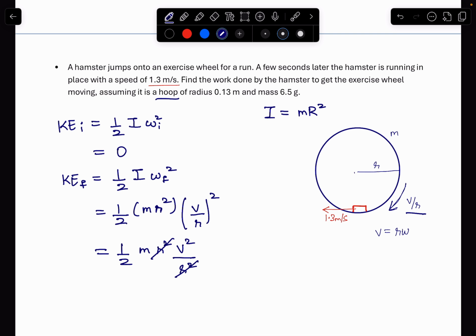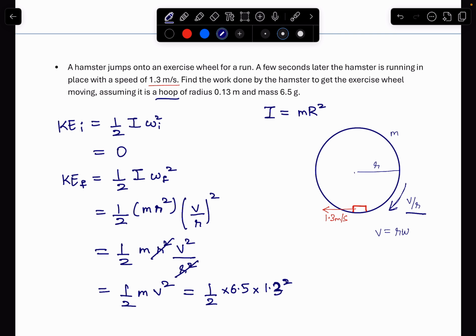R squared gets cancelled. So it's half m V squared, which is half times 6.5 times V, which is 1.3 squared.